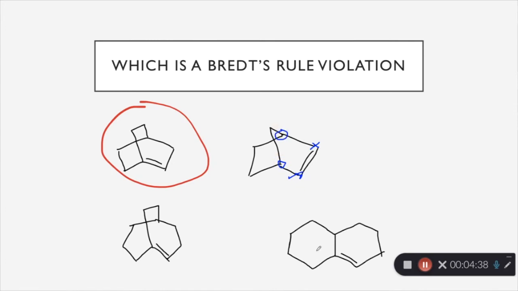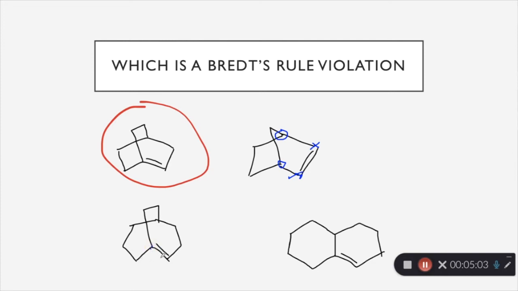This one is not right because it is a bicyclic compound, but it does not have bridgehead carbons because it doesn't have this bridged portion. This one has the bridged portion, and it does contain a double bond on the bridgehead carbon, but let's count the number of carbons in the big ring.